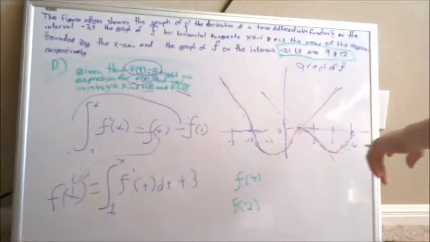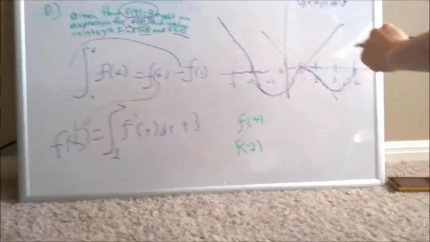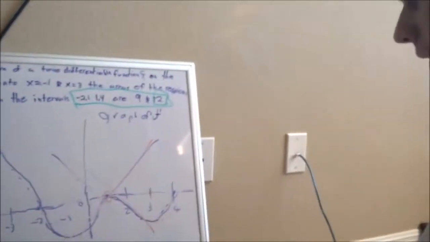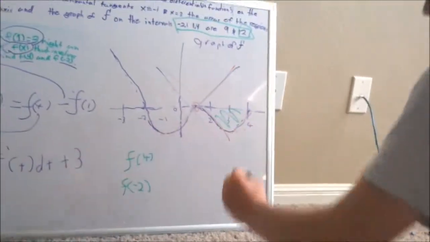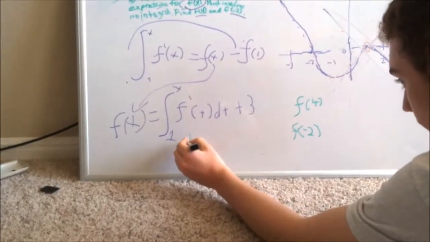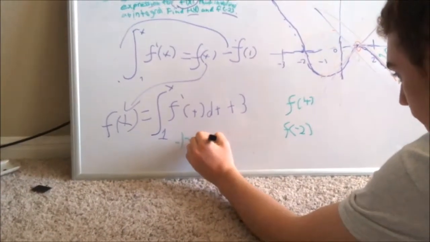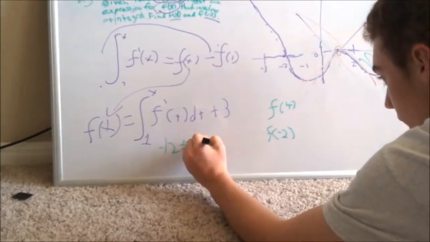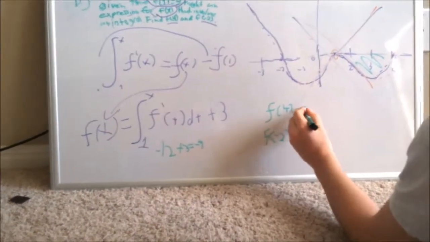So we know that for f prime, the integral of it from 1 to 4 is 12. But, because we can look at the graph itself, we know that it must also be negative. So we're going to get negative 12 plus 3 equals negative 9 for f of 4.